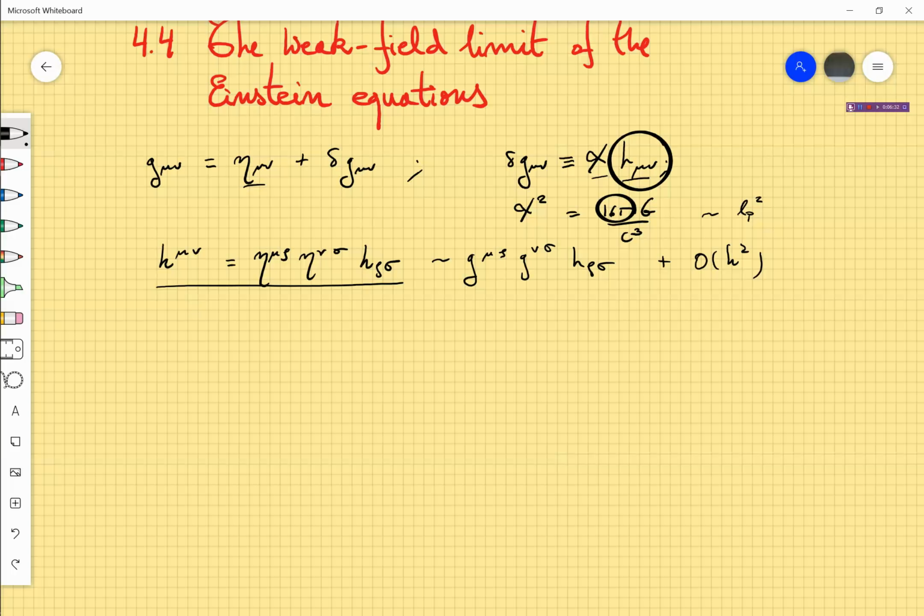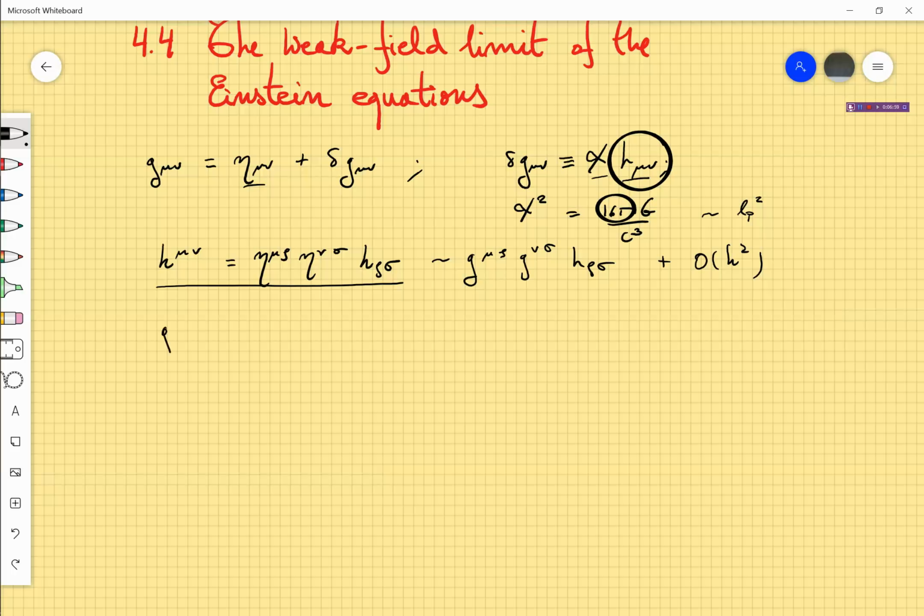The first thing that you have to do is to compute the Christoffel symbols. We want to expand the Einstein equations, so we need to expand the curvature in this weak field limit, and the curvature contains the connection, so the connection contains the derivatives of g and g inverse, so we need g inverse and then the derivatives of g.